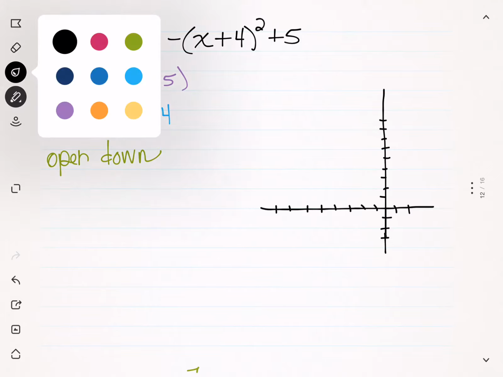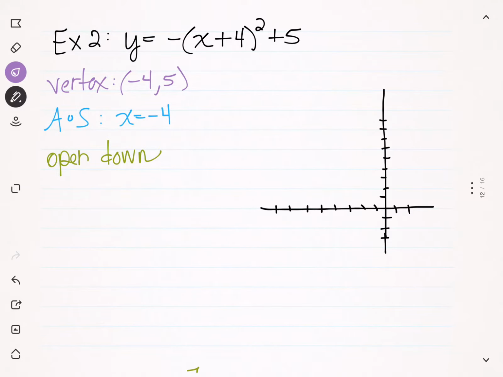Okay, so let's see, we got our vertex here at negative 4, 5. Negative 4, 5 is our vertex. And then we have our axis of symmetry, which is going to be x is equal to negative 4, goes through the vertex and then through the x-axis at negative 4.